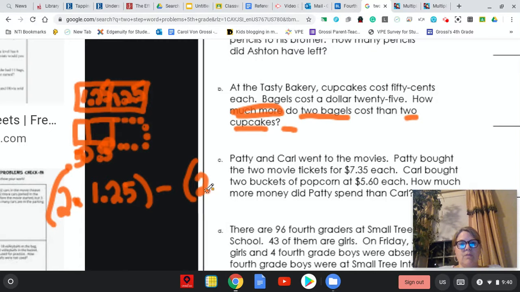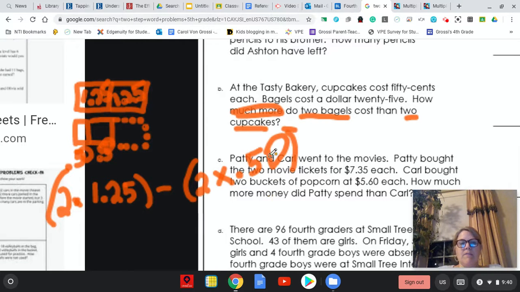So 2 times 50 cents. Now this is getting kind of messy on here. All right, so that's actually my equation, right? And it's just the visuals up here, and then I'm just working it out at the bottom.